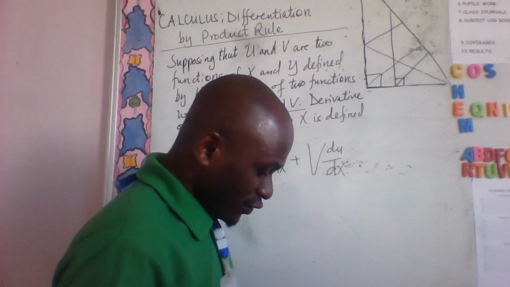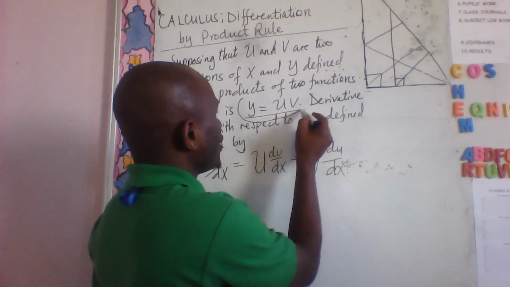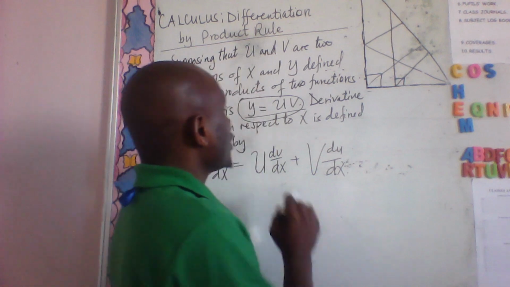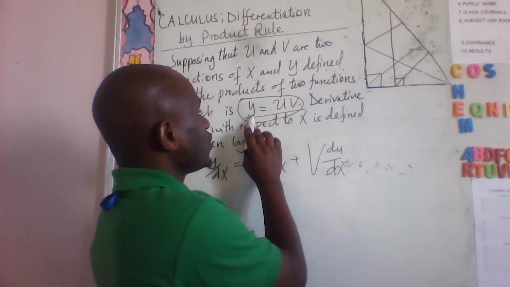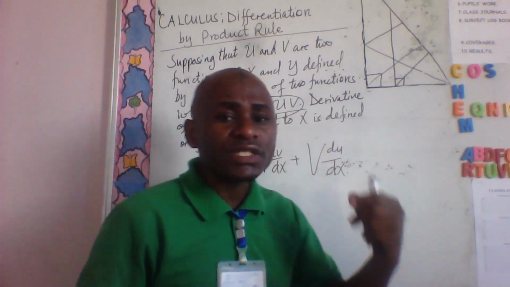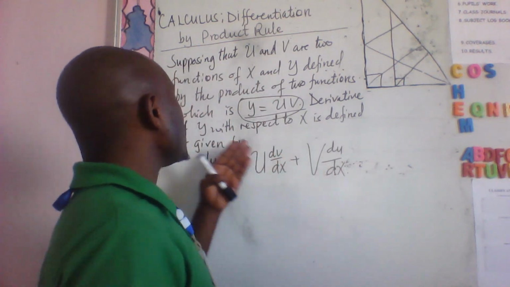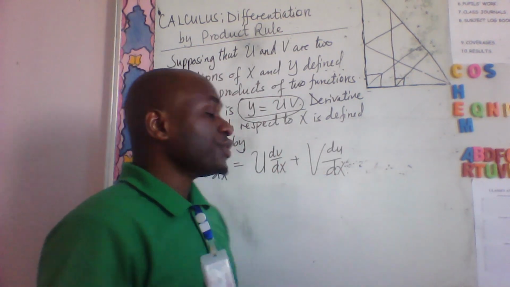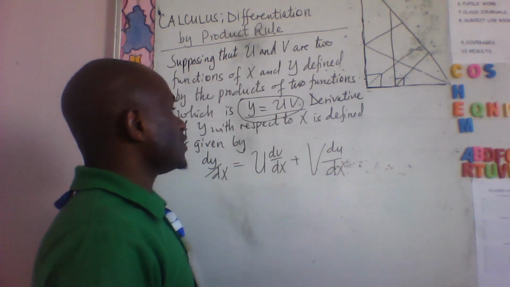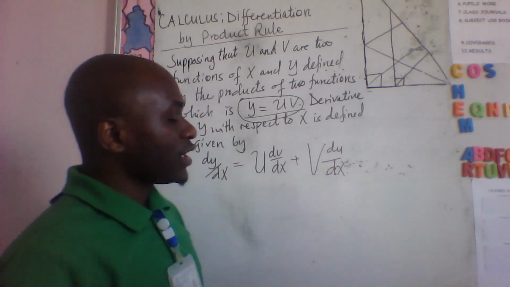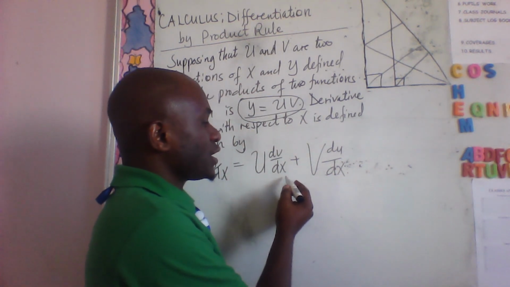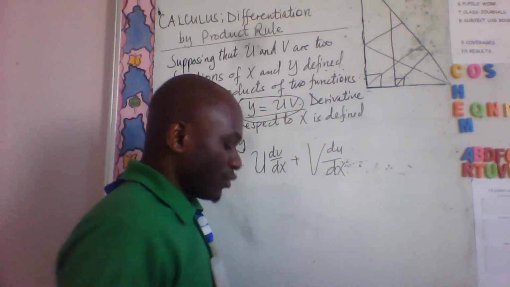u times v. The derivative of function y with respect to x is given by the formula u dv over dx plus v du over dx.